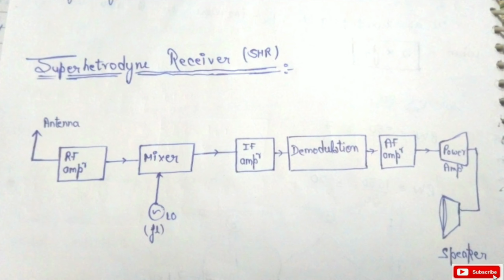So in the block diagram, first is the antenna, followed by the RF amplifier, that is radio frequency amplifier, followed by the mixer, and we give local oscillator frequency FL to the mixer, followed by the IF amplifier, that is intermediate frequency amplifier, then demodulation, then the AF amplifier. AF amplifier is an audio frequency amplifier whose result goes to the power amplifier. Then in the last there is a speaker.